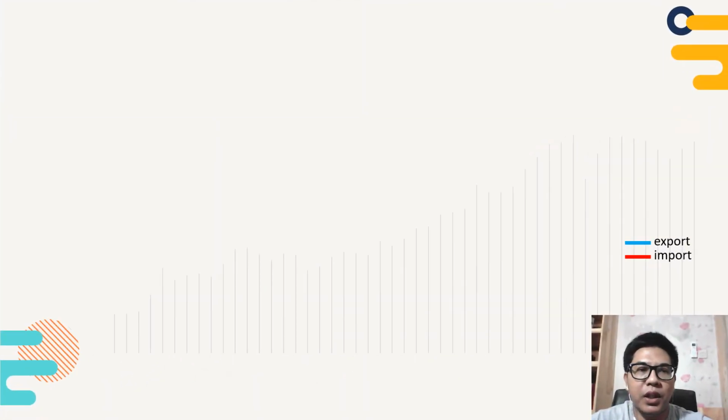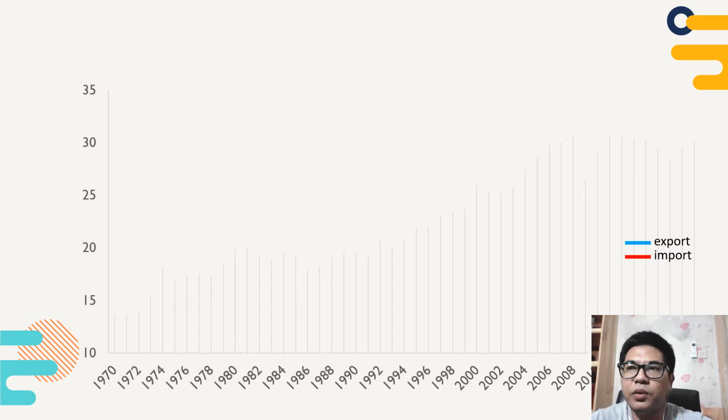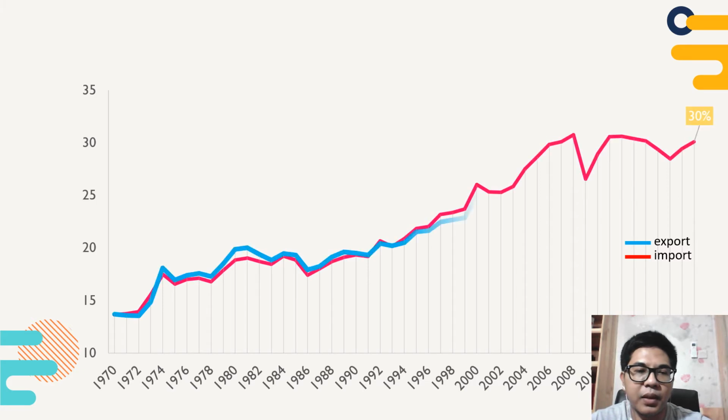As we have already learned in macroeconomics, when the economy produces goods and services, some of the goods and services are consumed and some of them are being traded or sold in the form of export. This graph shows you the portion of world economy or world GDP that was traded during 1970 to 2018.